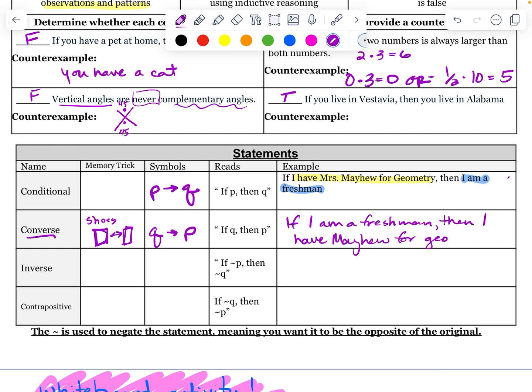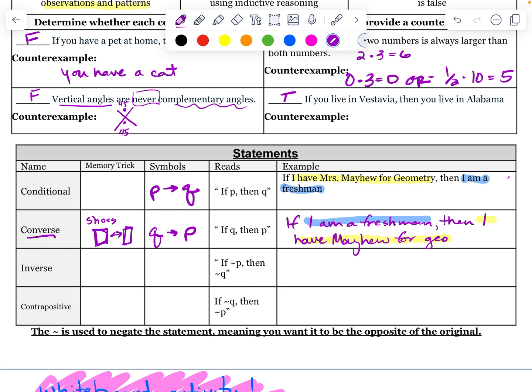This top one was true. The second one, maybe not. If you are a freshman, then you might have Miss Hall or Miss Burris or Coach Edelman, right? But that is the converse statement. They've switched spots.